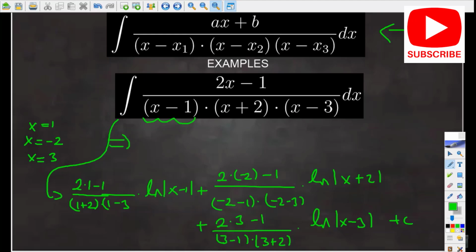So 2 times 1 is 2, 2 minus 1 is 1, so 1 over 1 plus 2 is 3, so it's going to be negative 1 over 6 times natural log of x minus 1.